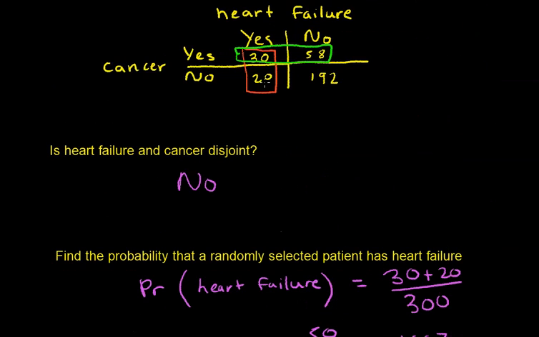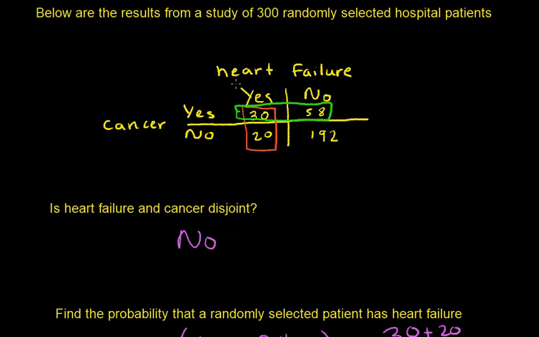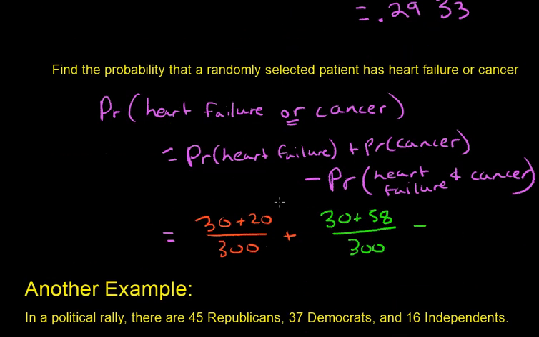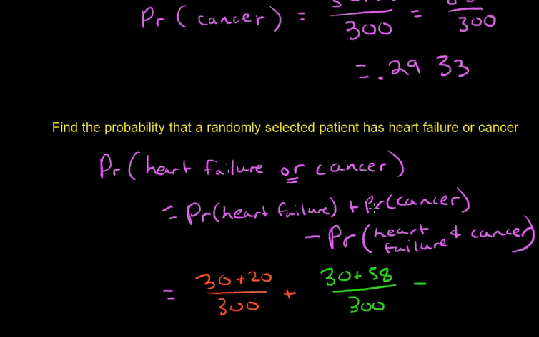If we go up to our table, who has heart failure and cancer? These 30 people right here. You can see how they were added in twice, so I need to subtract them off once. I need to subtract off this 30 over 300.